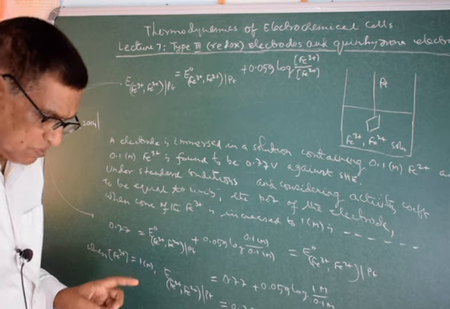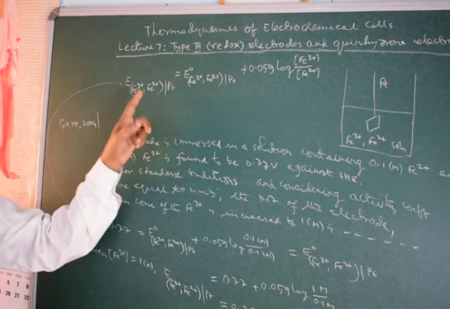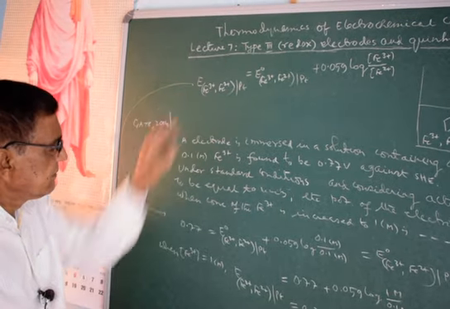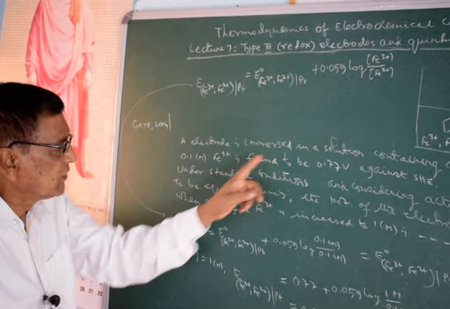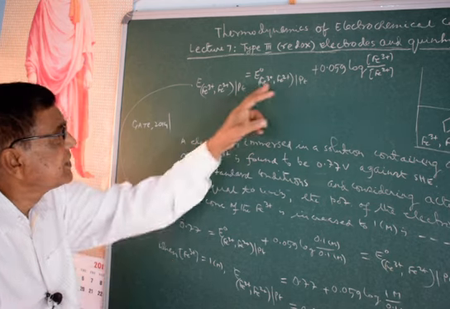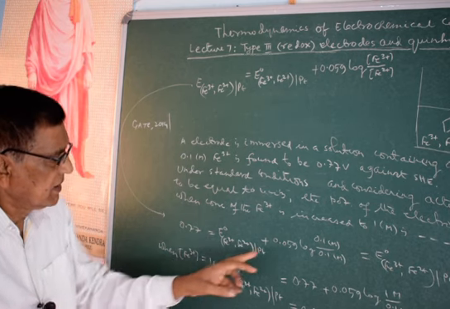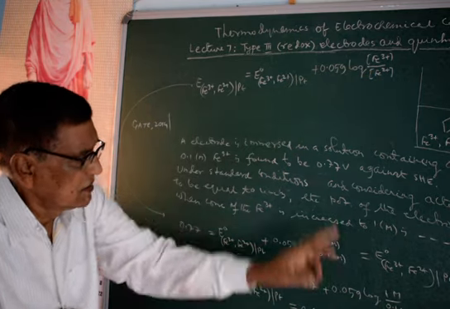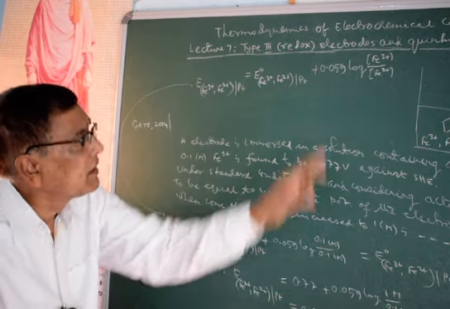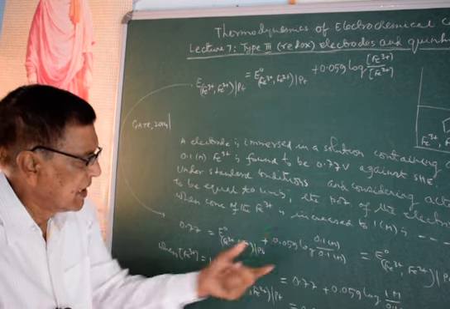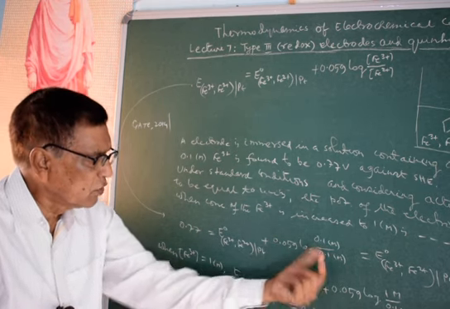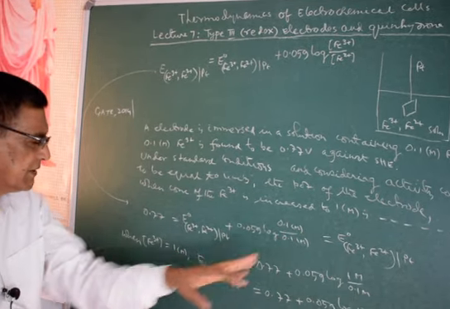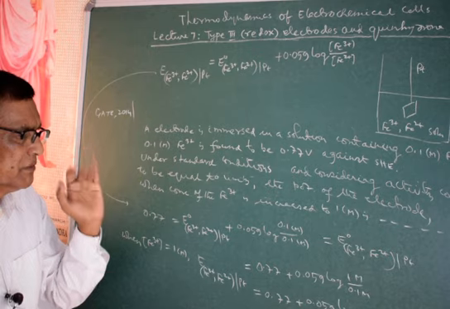This is the formula, and the standard value given is 0.77, plus 0.059 log of ferric ion 0.1 molar over ferrous ion 0.1 molar. This is log 1, which is 0, so this is the standard value, 0.77 volt.